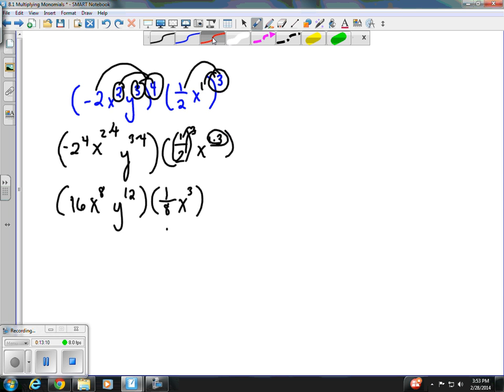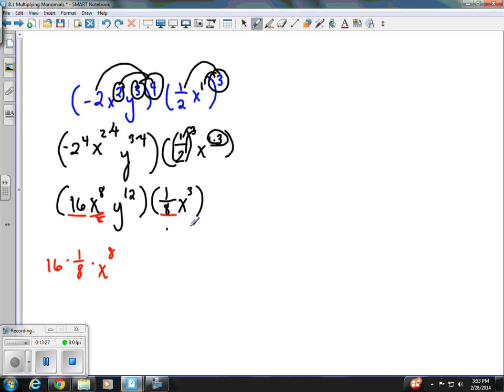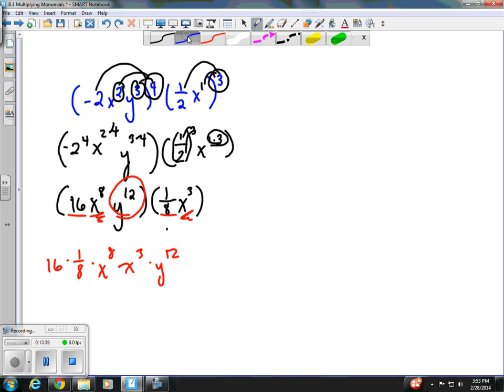Even though I've distributed my power, there's still multiplication left to do. To multiply these monomials, we multiply our coefficients. So 16 times 1/8, times, then my first variable here is x to the 8th. Then I have an x to the 3rd. And then y to the 12th drops down, but it doesn't have anybody to go with, so it's just going to be by itself.